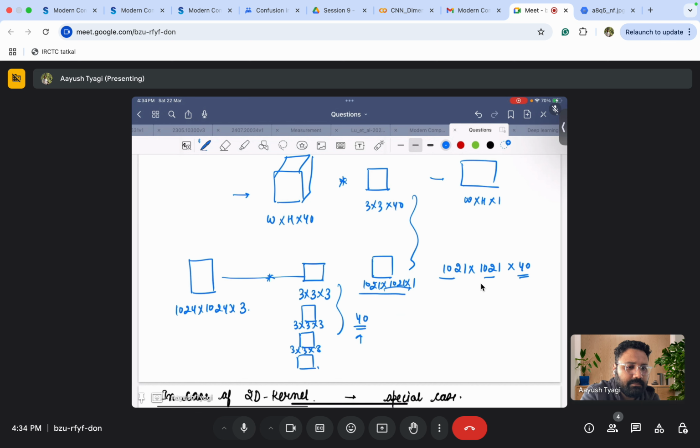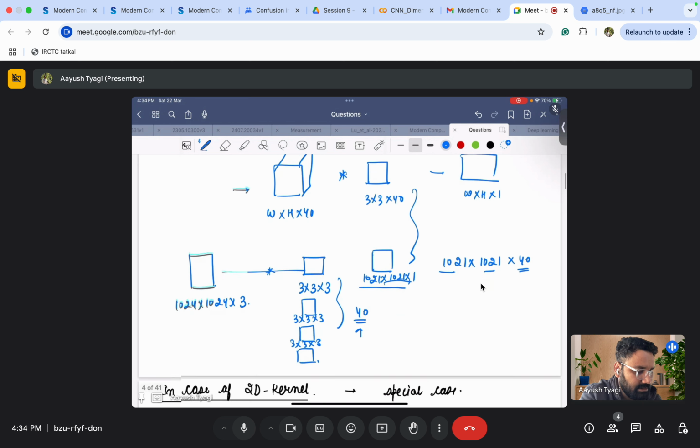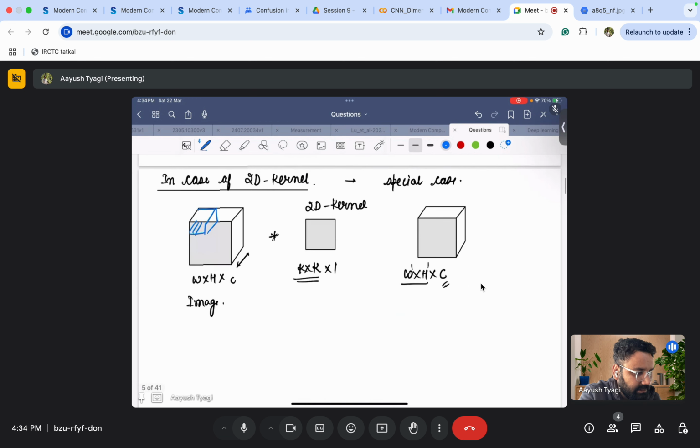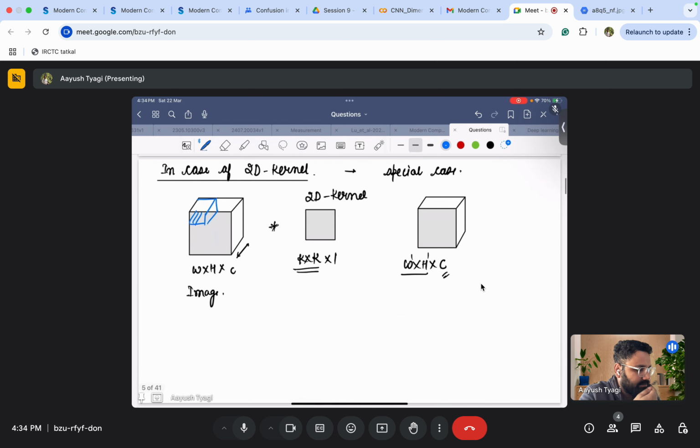Okay, so let's move ahead right now. What question you have asked was not wrong. There are cases where you do a two dimensional kernel convolution operation as well, where you have k cross 1. If you do k cross 1 convolution, you have to consider each channel separately. Now you'll have the output equal to the number of channels in the input.